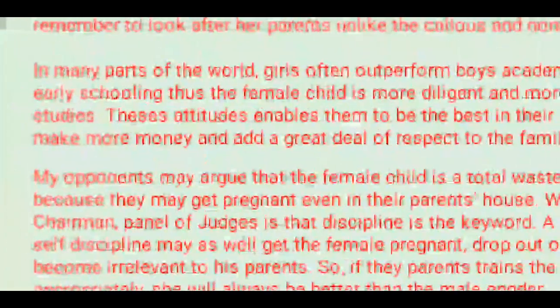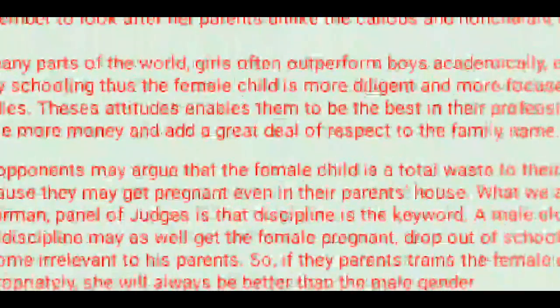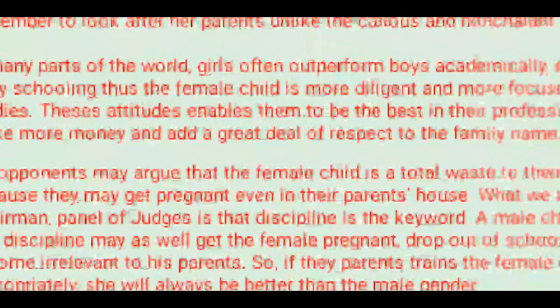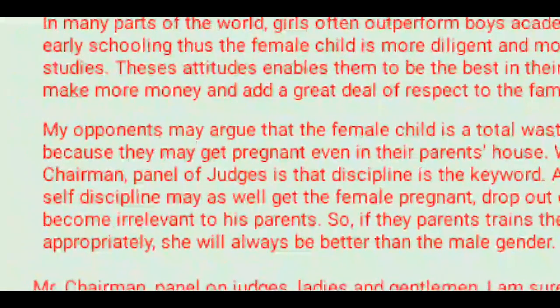So this other paragraph too is a logical proof made by the writer to convince his audience. What is the proof here? The proof is that the girl child adds more respect to the family name. Yes, because they concentrate in their studies, they are diligent in their studies, and they are likely to take their profession seriously. And with that, they would be able to add respect to the family name.